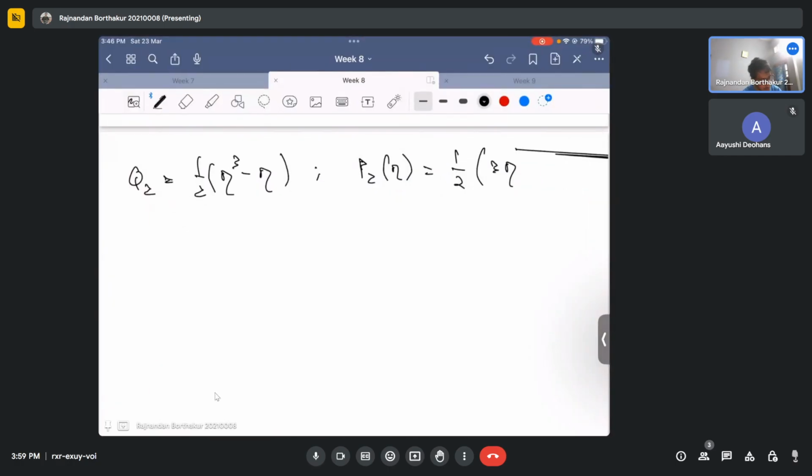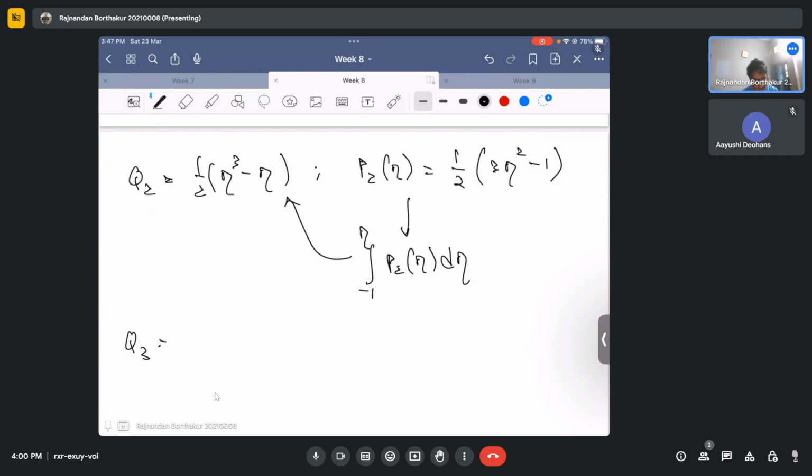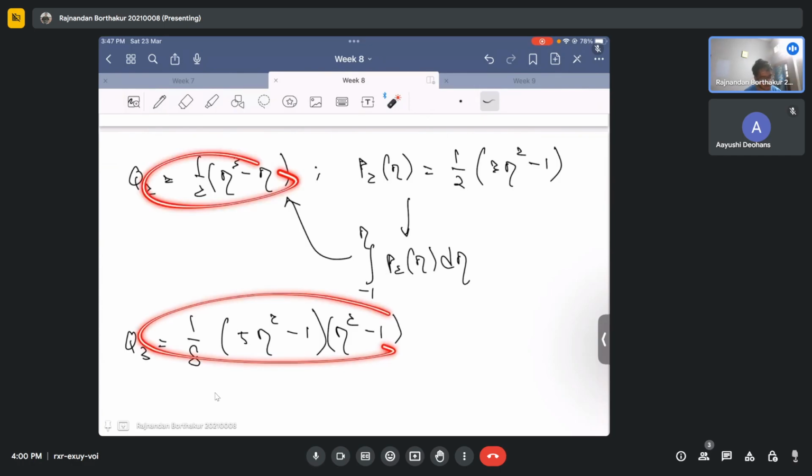If you integrate P2 of eta d eta from minus 1 to eta, you are bound to get this. Similarly, Q3 is one by eight times 5 eta squared minus 1 times eta squared minus 1. This is Q3 and this is Q2.